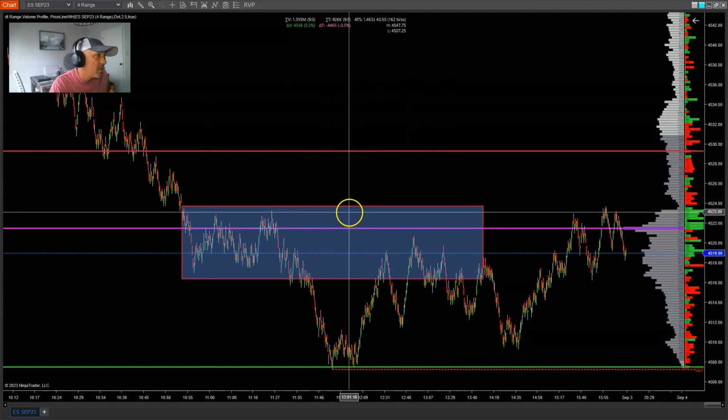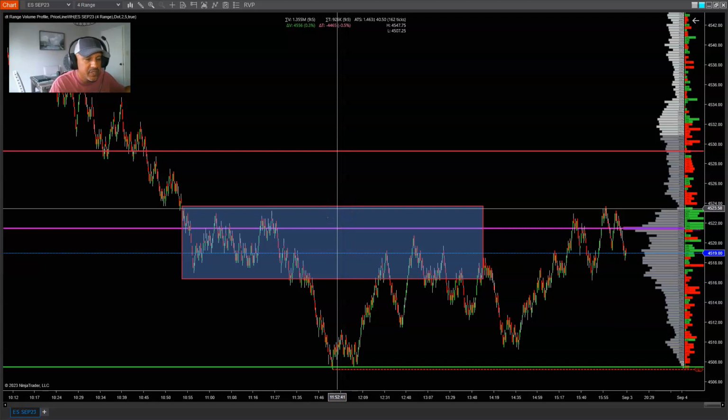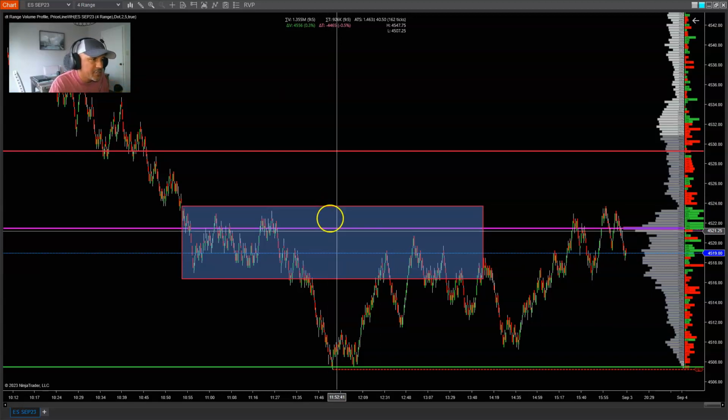But this is the zone in which we want to trade from, to look for an opportunity to go short, because the higher time frame shows us that there is still interest where that imbalance lies on the 24 range chart to be able to look for a short entry, okay?